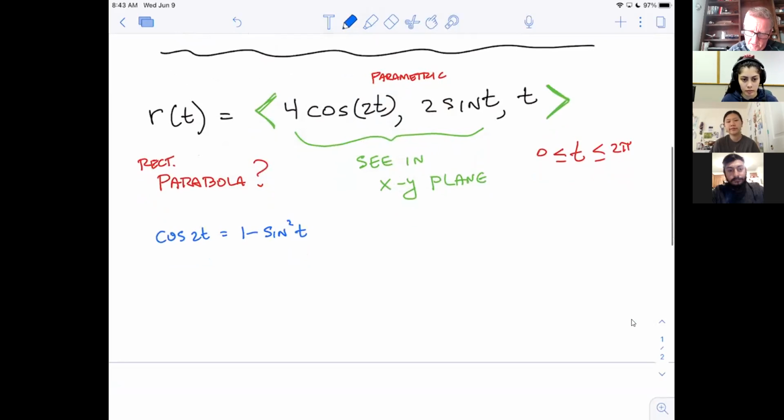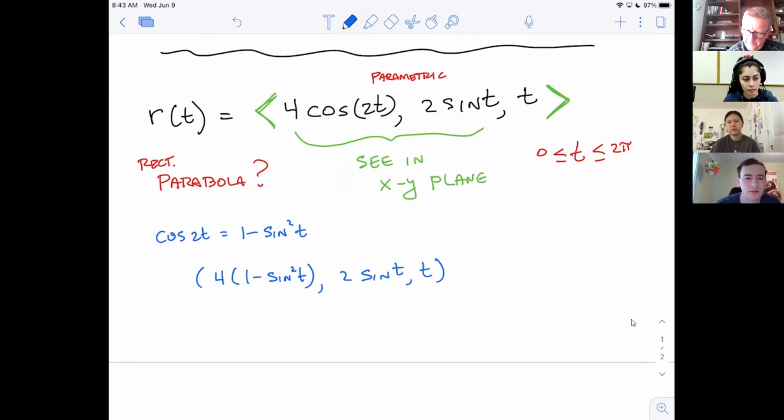Okay, so that means I could rewrite this equation as 4 times 1 minus the sine squared of t, 2 sine of t. On my sheet, I have a 1 minus 2 sine squared t. 1 minus 2. Let's fix that. Told you I didn't have it memorized.